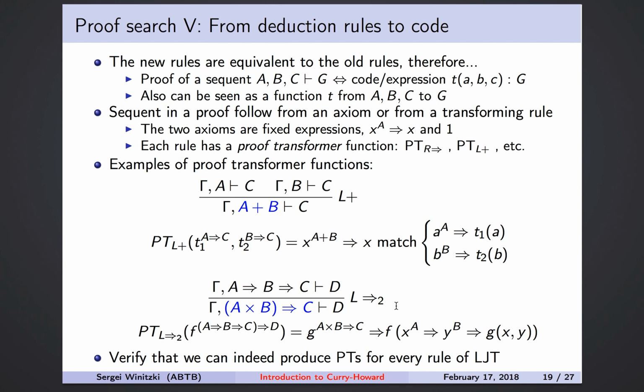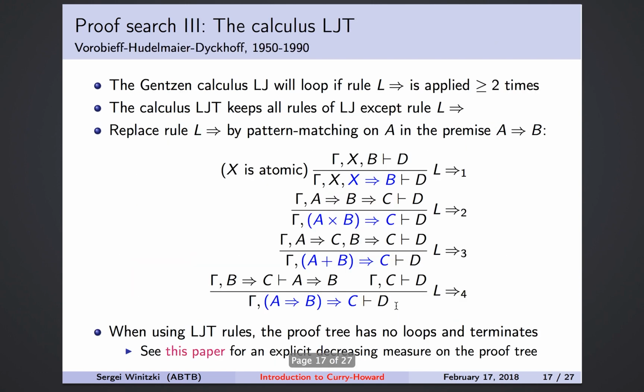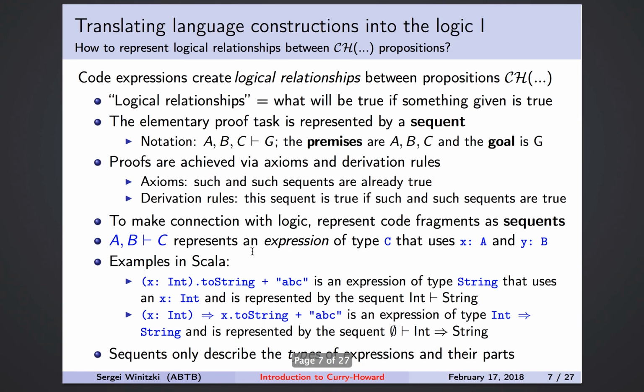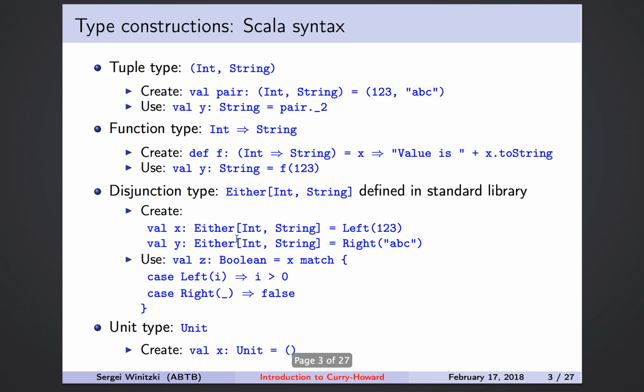Which means that if you find a proof using these rules, somehow you should be able to find a proof also using our initial rules, which means that if you found that proof, you would easily translate that to code, because each step here is directly corresponding to a certain code expression, as we have seen at the beginning of this tutorial, these code expressions for each of these operations.